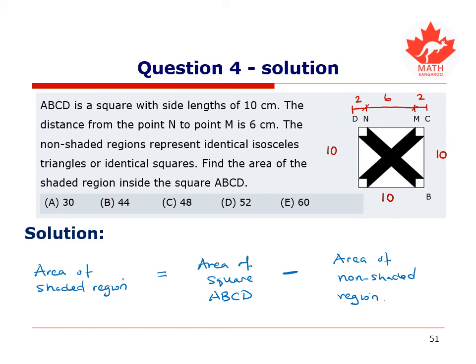Now that we've formulated our equation as to how we're going to calculate the area of the shaded region, our next step then will be to work out what is the area of the square ABCD, and then to calculate the area of the non-shaded regions and take the difference between them.